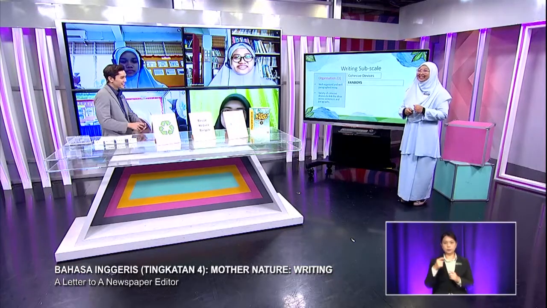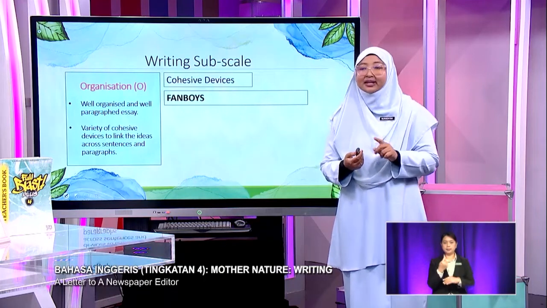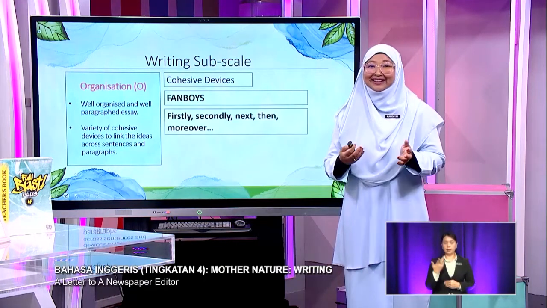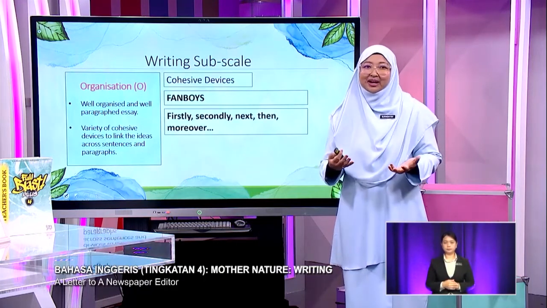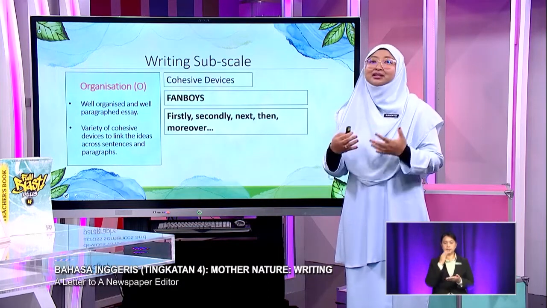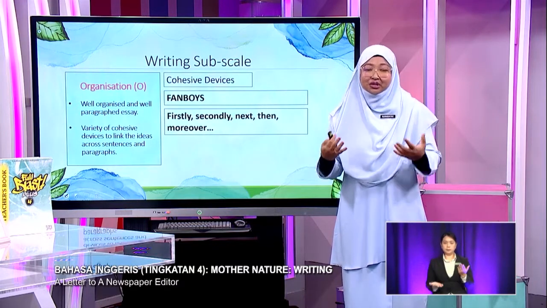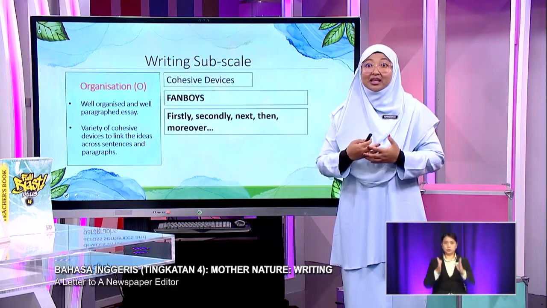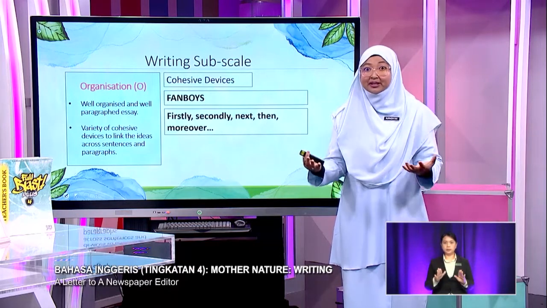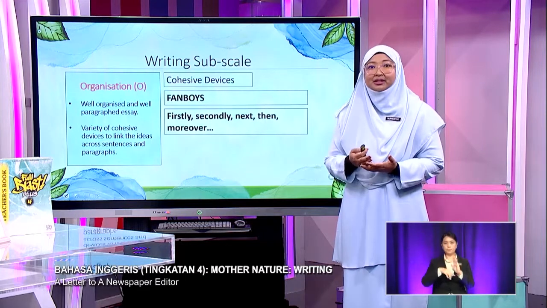It's easy, right? So when we want to write our essay, we have to make sure that we use cohesive devices. That is the first one. The second one, I think everyone knows this, right? Here are some of the examples. Maybe your teacher already taught you a lot more than this, so you can use those too.